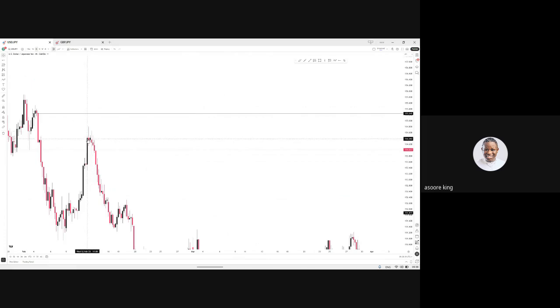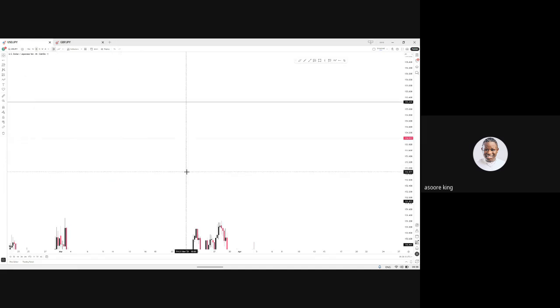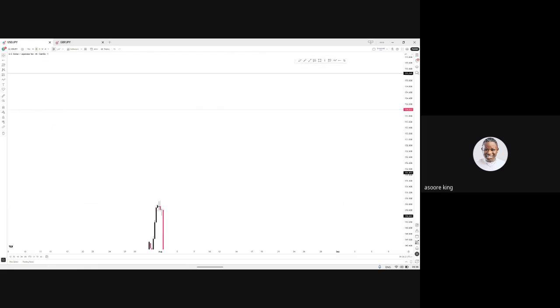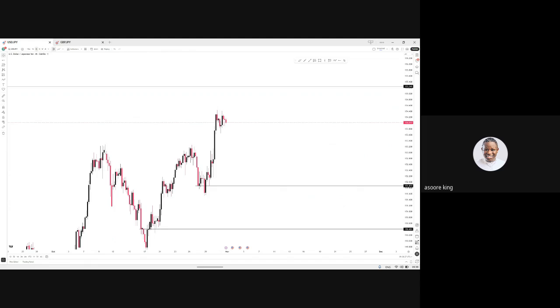Understand? A lot of people may want to start selling from here. This was where I was trying to sell from too, because it was a daily zone refined to 4 hours. You can see how price has been moving there sluggishly. It was not selling that much. It was still trying to buy.